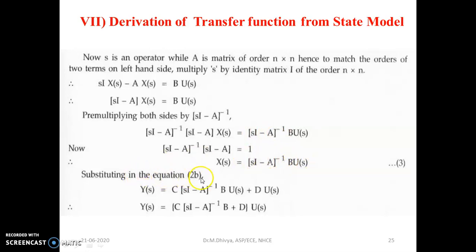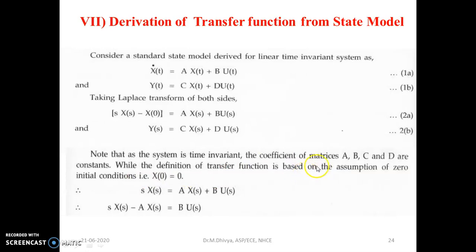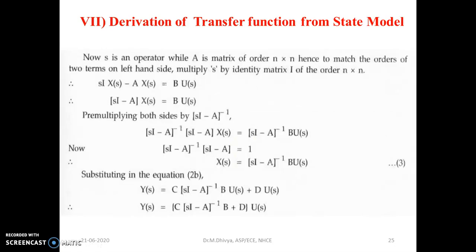Substituting in equation 2b, the output equation, Y of s is equal to C into X of s plus D into U of s, we get Y of s is equal to C into (sI minus A) the whole inverse into B into U of s plus D into U of s.